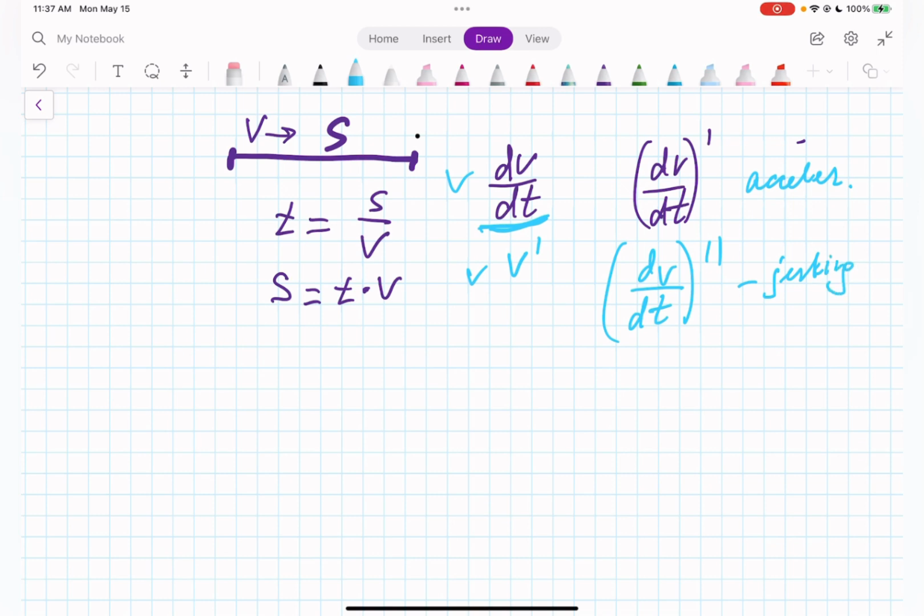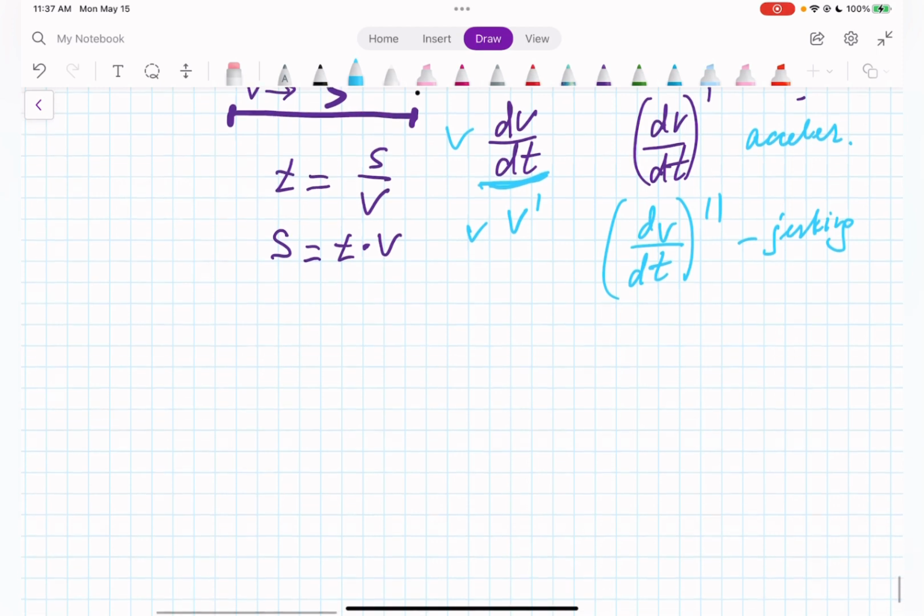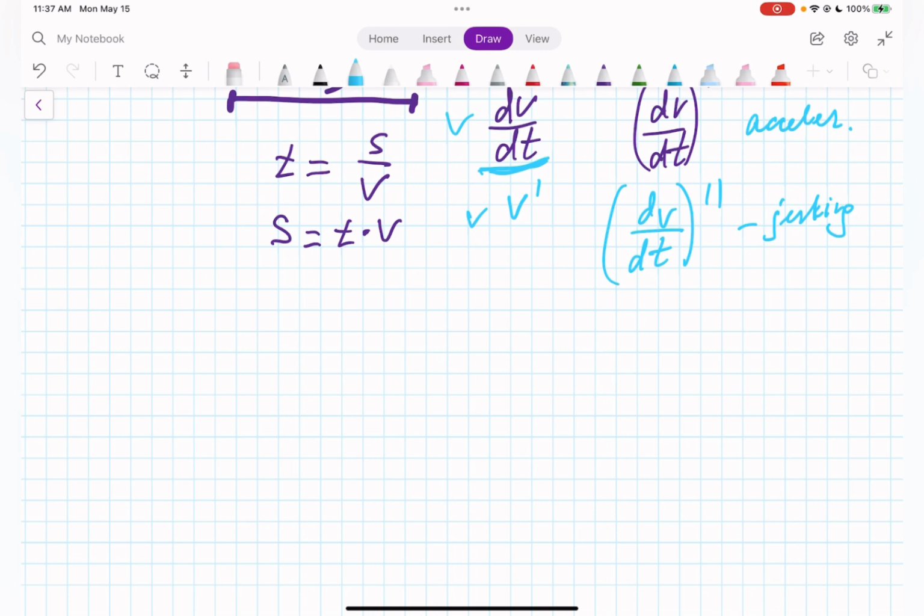Okay, so this is about derivative. Now, the opposite operation: we are going to deal with integral. As an operation, it's opposite to derivative.